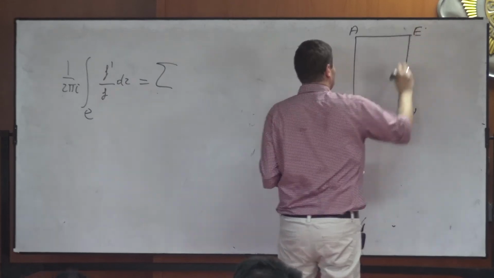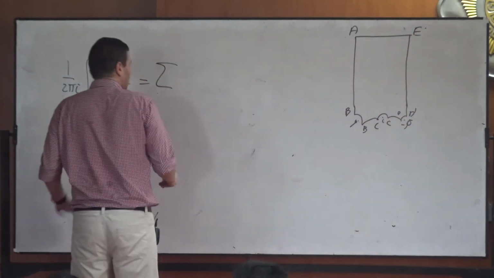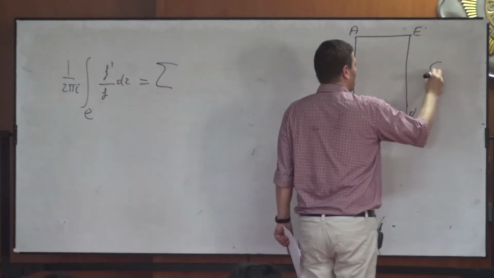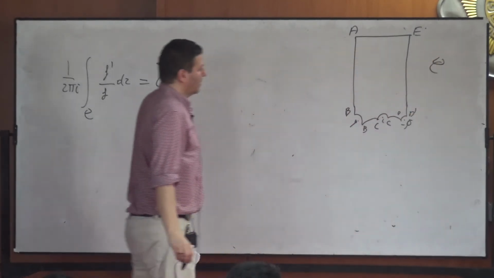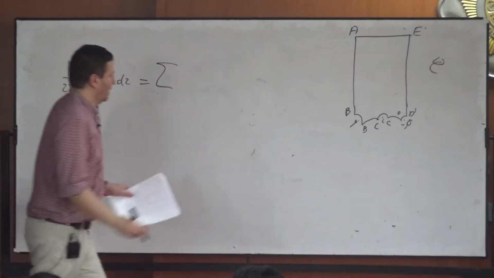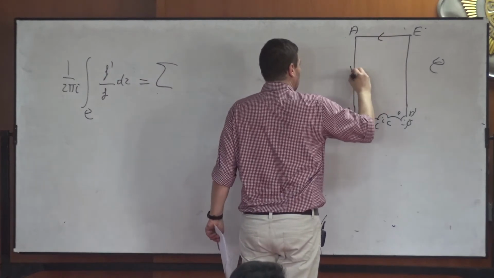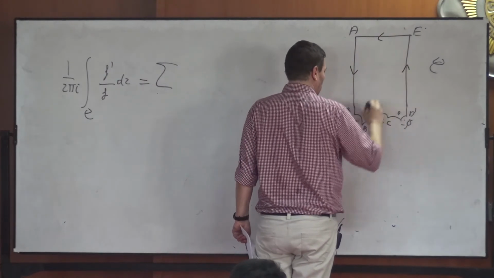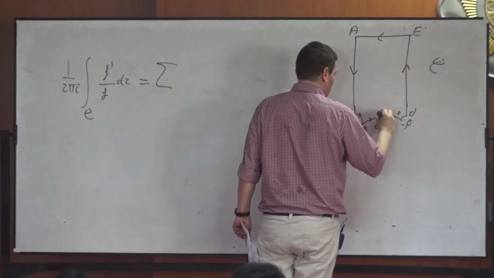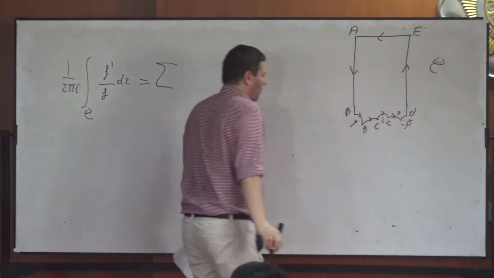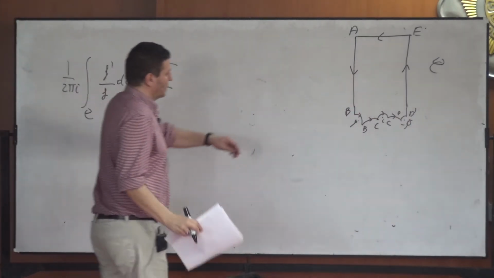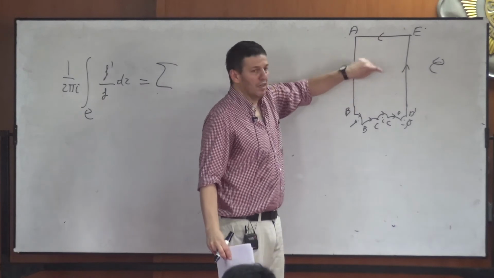If we integrate along this, we call this one C, and the orientation is like this, we just get the sum of the residues inside.